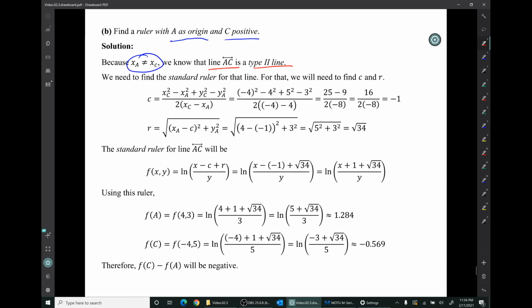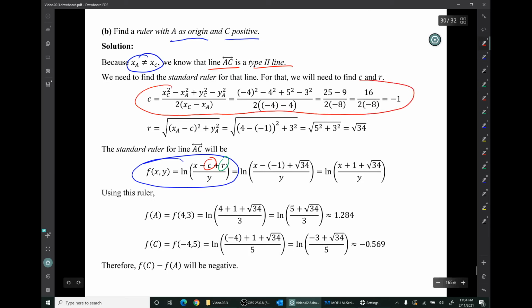Now remember, to build the standard ruler for the line, we have to build this. That formula has the C and the R in it for the line. So we have to figure out those values. We compute the value of C by just plugging in to that formula from section 2.1, the formula that gives you the value of C. That formula is put for reference at the start of the notes for this video.